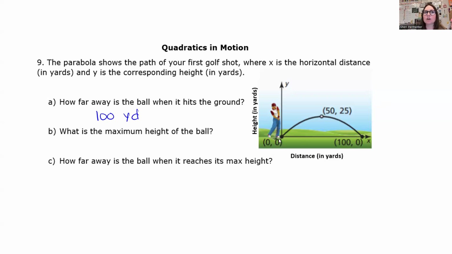So it goes over 50 and up 25. What's the maximum height of the ball? 25. Very good. How far away is the ball when it reaches the maximum height? So it had to go over 50 and then go up 25. How far away is the ball when it reaches its max height? 50.